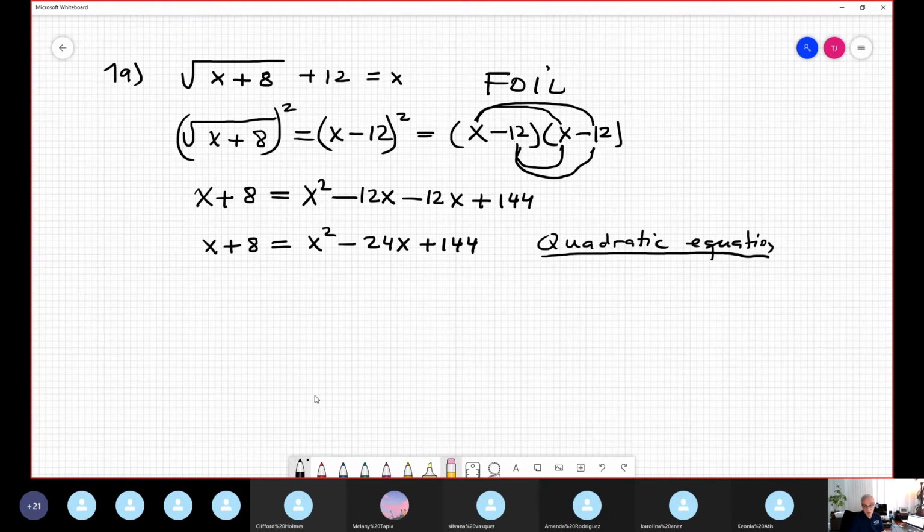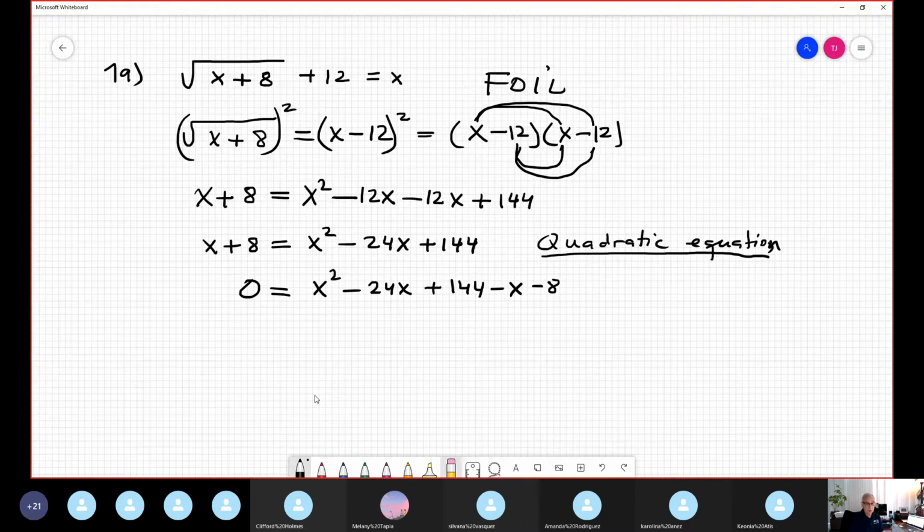Is it expressed in standard form? No. Oh no. I need to move x and 12 to the right hand side. In the left hand side we have nothing, and nothing is 0.